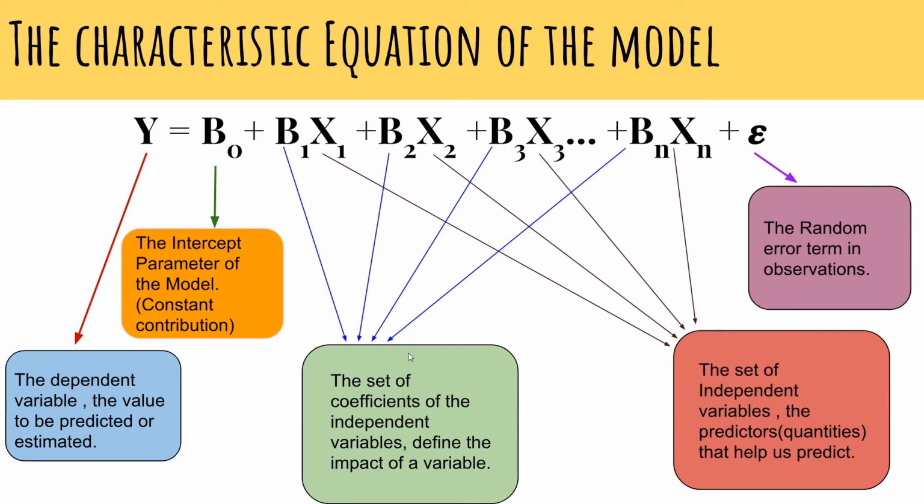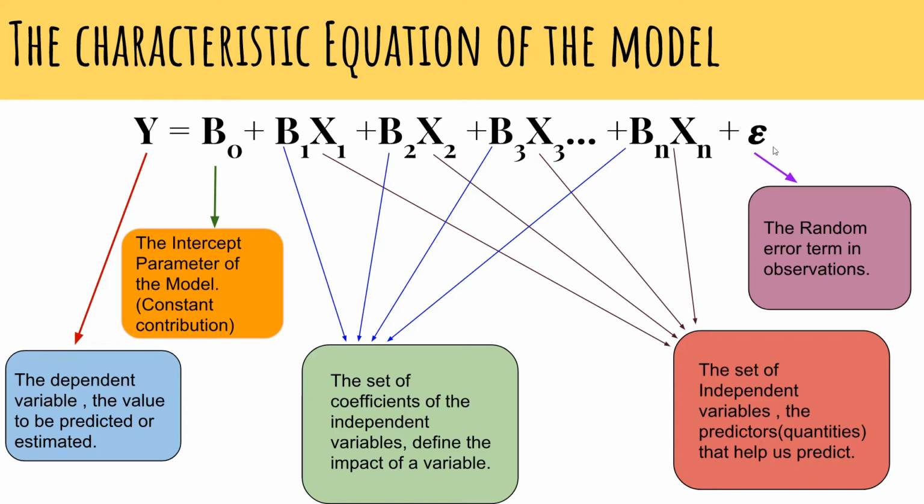Let's move further. Now, this is our characteristic equation of the multiple linear regression model. This is one of the most important parts which you must understand in depth, because this is what is actually going to give you a greater insight into the model so that you can implement these algorithms in the future. So, the model as usual has 5 parts.